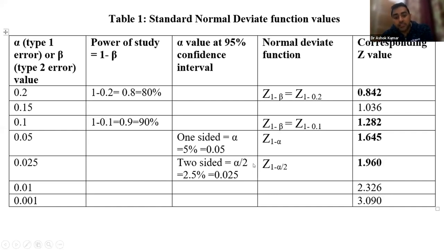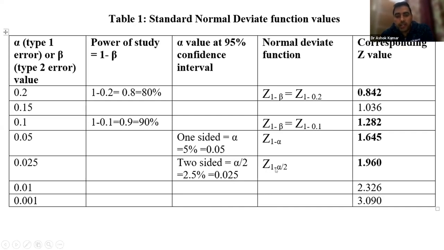But in other conditions, like we did yesterday in cross-sectional descriptive studies, single group proportion, single group mean, and today two groups and randomized controlled trial of two groups, the two-sided alpha by 2 value will come. We use this.